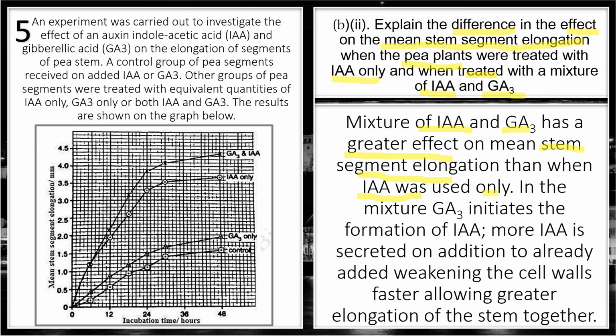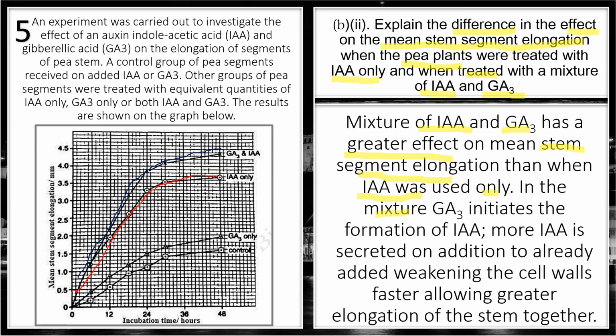So when we see the indoleacetic acid being used alone, that is what we got in the graph. But when there was a combined effect of indoleacetic acid and gibberellic acid, you can see there was a great elongation of the stem.